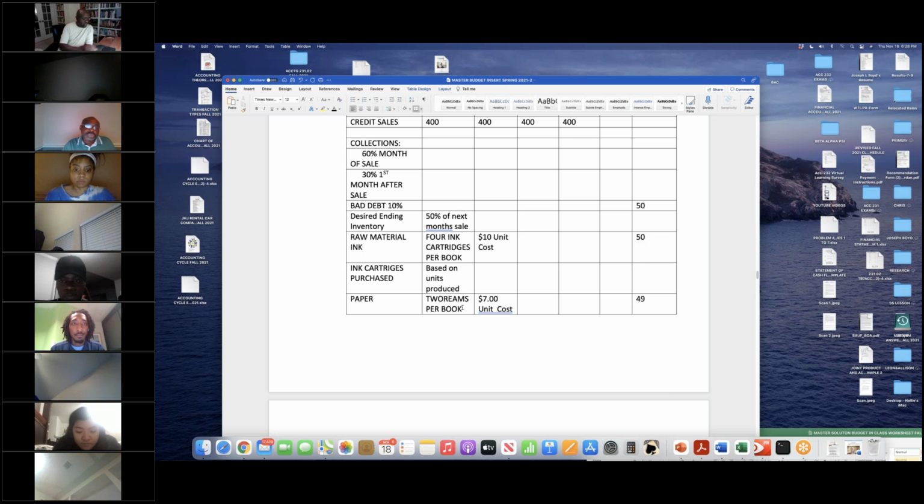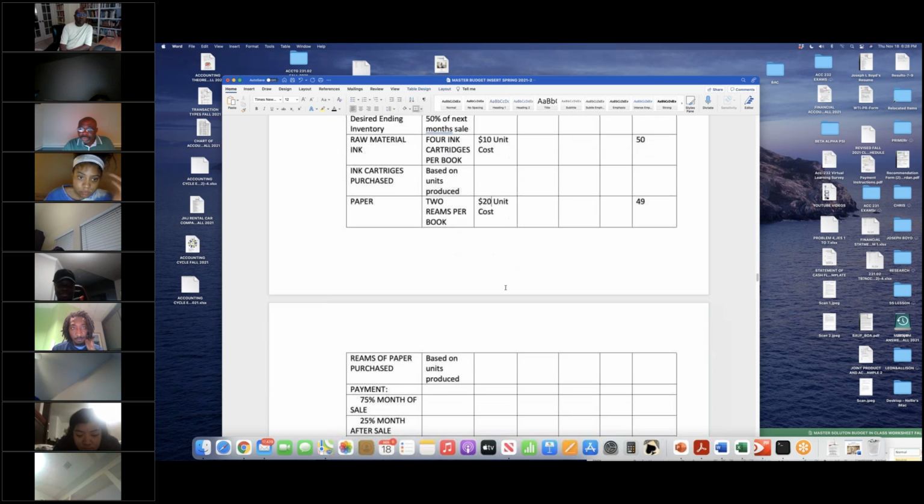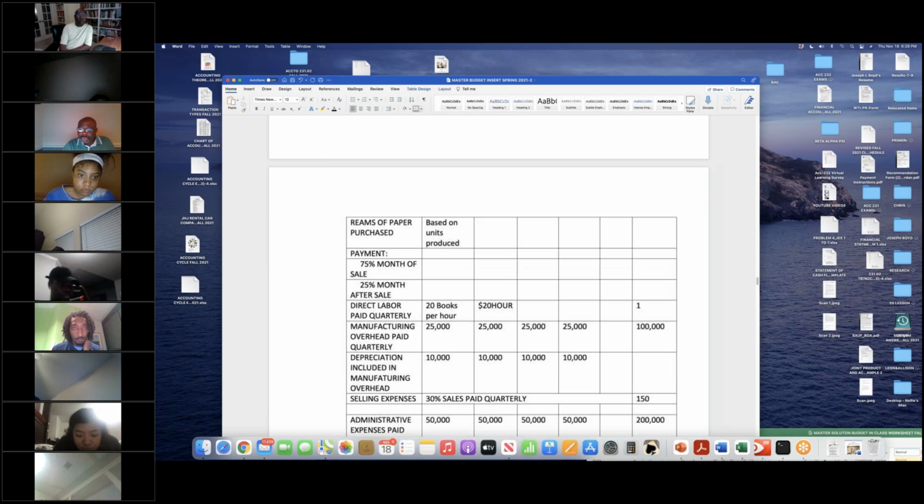So 4 ink cartridges, 2 reams of paper, and the paper is costing $20 a ream. And we'll have you making 2 books per hour.